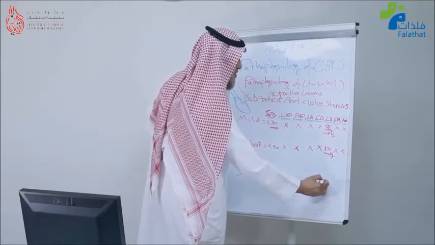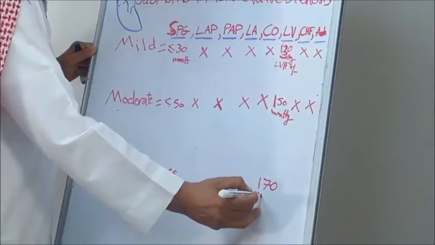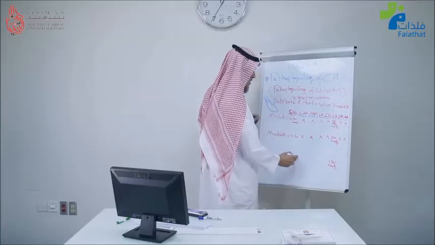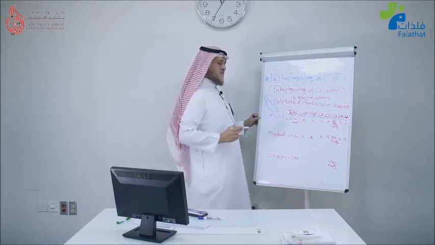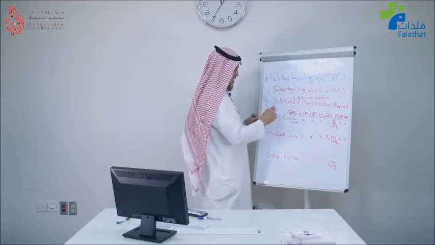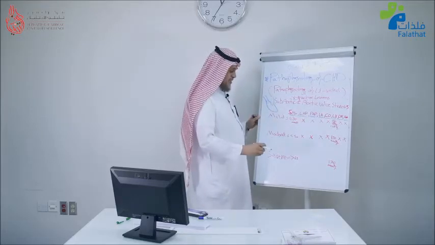I'm going to write it 170 just to make it look significantly elevated, choosing a gradient of about 70 across the subaortic stenosis area. In this stage, left ventricular hypertrophy is a very likely possibility.